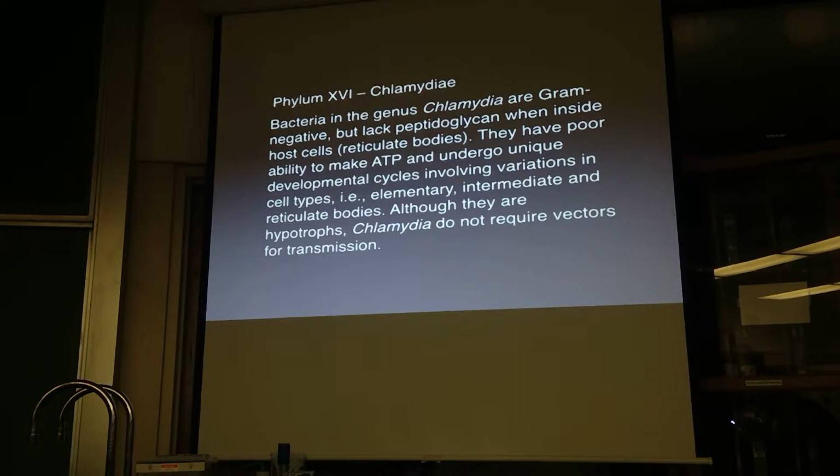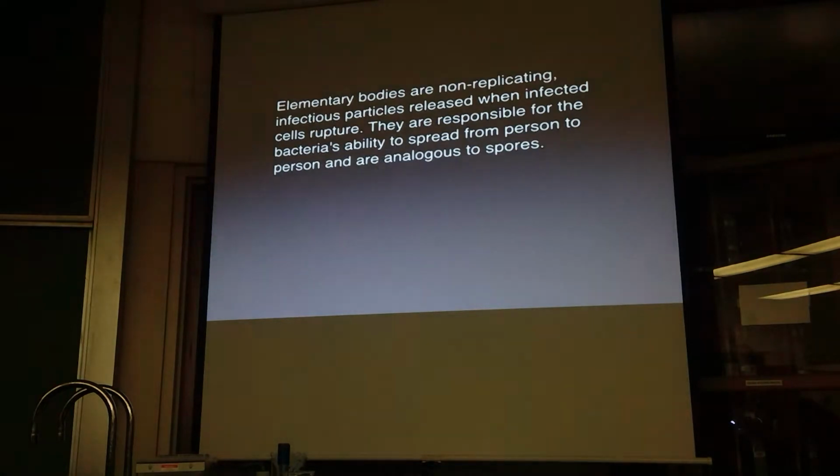So they are hypotrophs. They're obligate intracellular parasites. They reproduce inside some other organism or inside another cell. And they don't require vectors for transmission, which a lot of hypotrophs do. So what's the most common thing that we know about chlamydia? STD. You know?